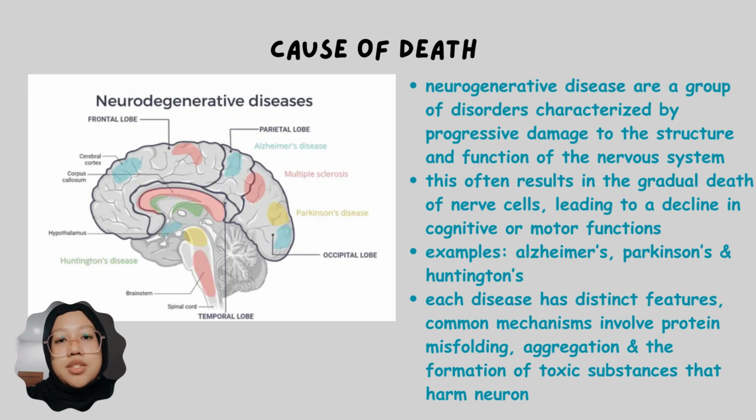This often results in the gradual death of nerve cells, leading to a decline in cognitive or motor functions. Examples are Alzheimer's, Parkinson's, and Huntington's. Each disease has distinct features, but common mechanisms involve protein misfolding, aggregation, and the formation of toxic substances that harm neurons.